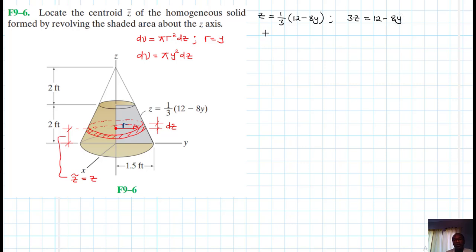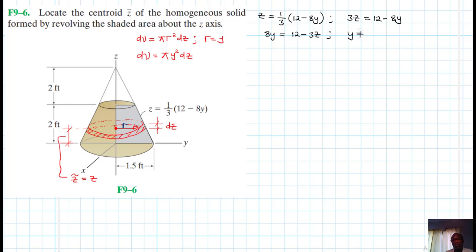Then what do we have? If this goes to the other side, we'll have 8y is equal to 12 minus 3z.